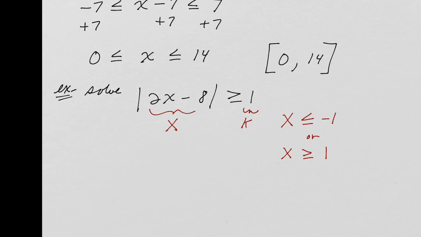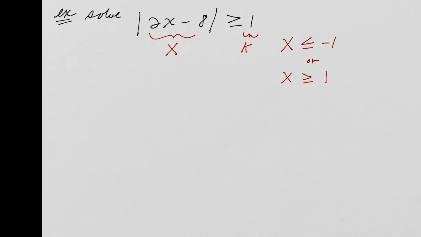The 1 is like my k. So that whole expression is less than or equal to -1, or greater than or equal to +1. All right, so knowing that, I can write out those two possibilities.